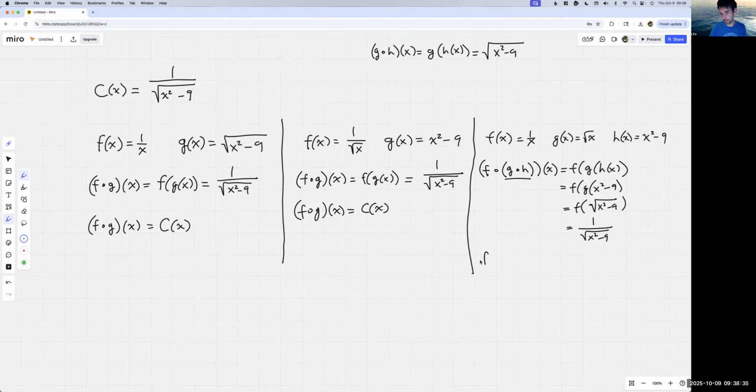So again, what we've shown is that f composed with g composed with h of x is equal to c of x. Okay, so 3 different ways. You might be able to come up with another way to do this.